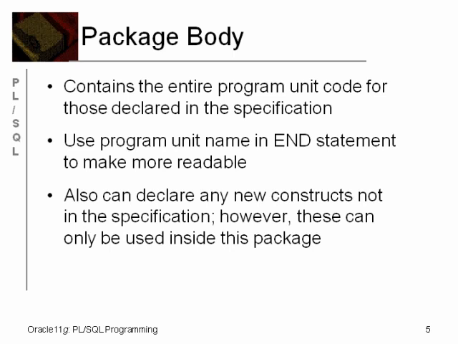Now, the last thing it says here is that you can declare new constructs that aren't in the specification. However, these can only be used inside this package. These would be called private constructs. We could have private variables that are in the body that are not in the specification. We could have private functions that are in the body but not in the specification.